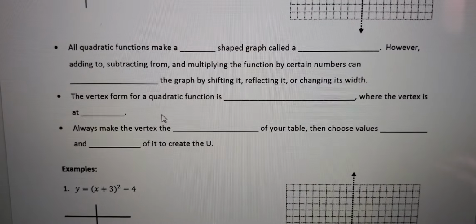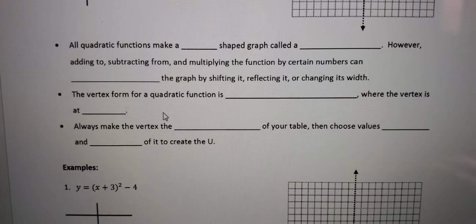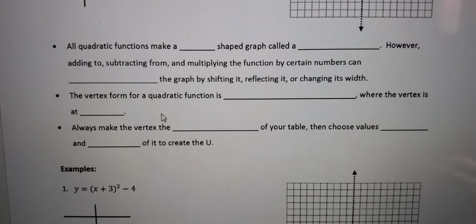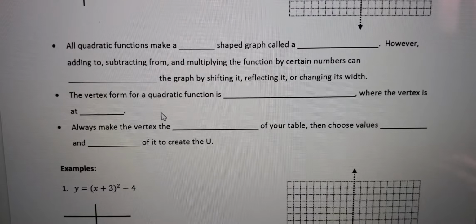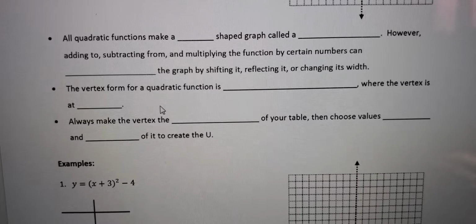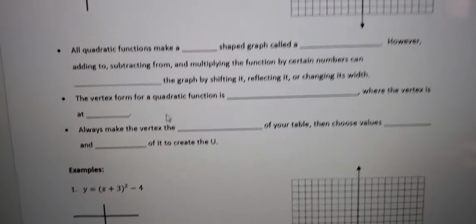So transformations like shifting up, shifting down, shifting left, right, what we've seen already. The vertex form of a quadratic function is, let me write the vertex form. The vertex form, so let's write it over here.